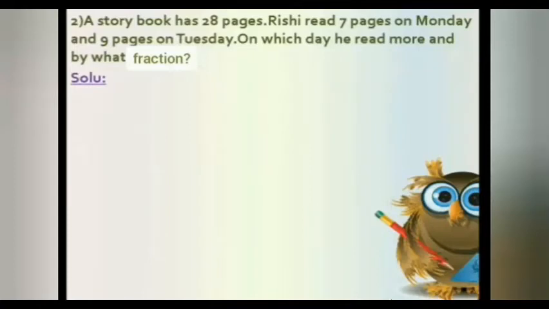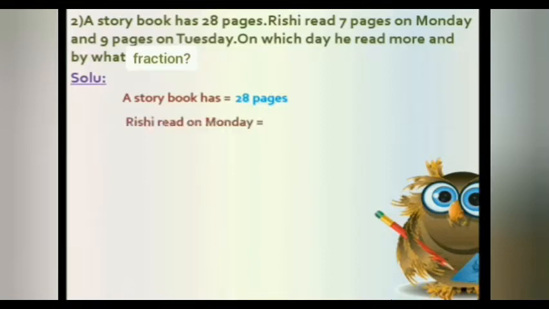Can we see one more example? The question is, a storybook has 28 pages. Rishi read 7 pages on Monday and 9 pages on Tuesday. On which day he read more and by what fraction? Solution. A storybook has 28 pages. Rishi read on Monday 7 pages.